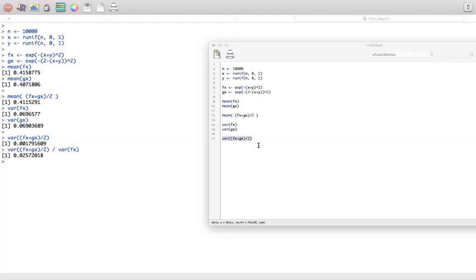Any queries about this section, antithetic variables?